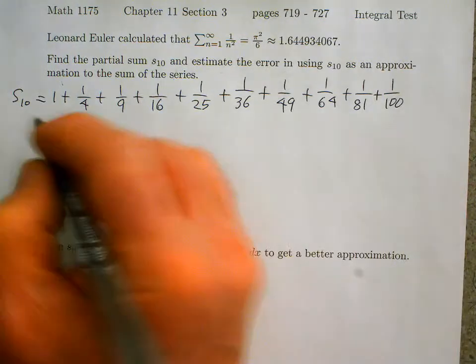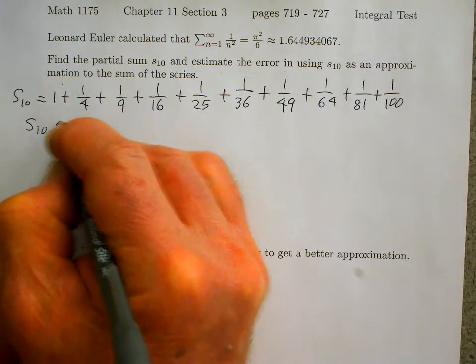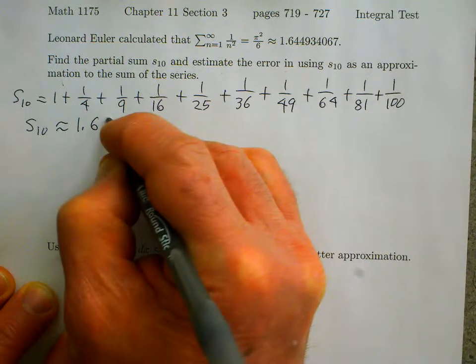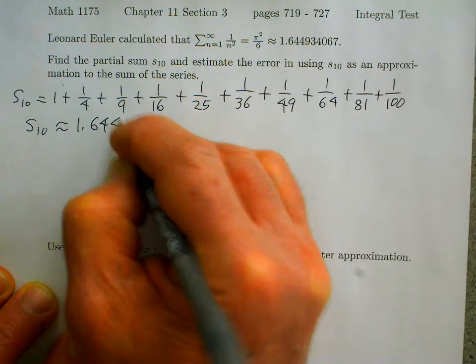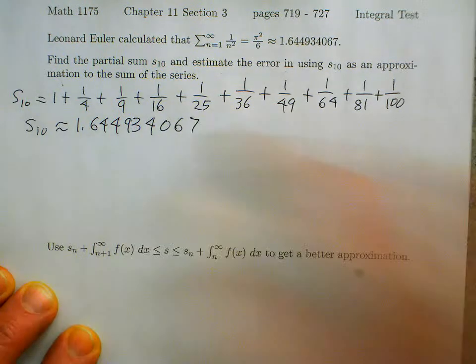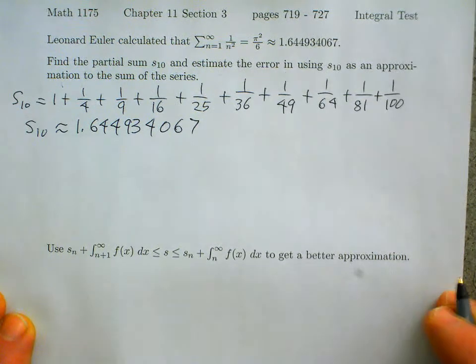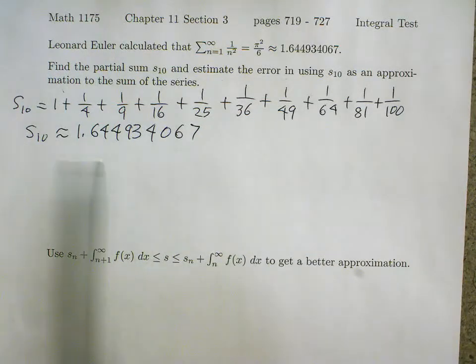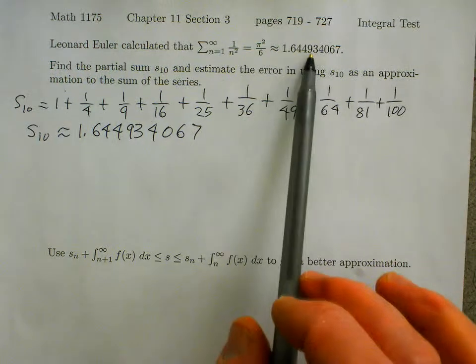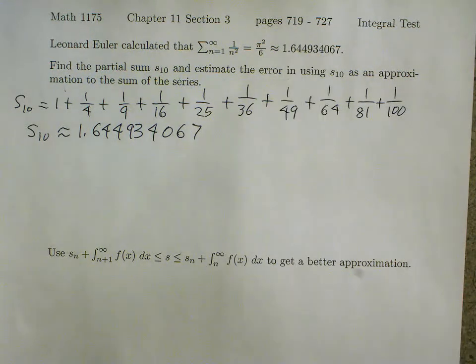And this turns out to be about 1.644934067. So you can see that s sub 10 is a pretty good approximation of the actual value.